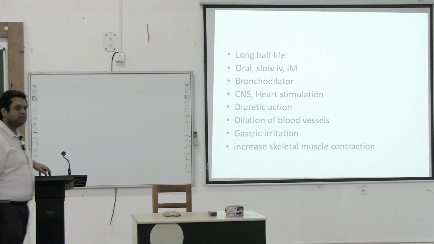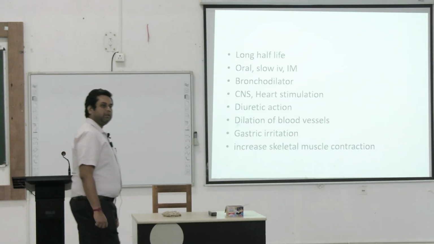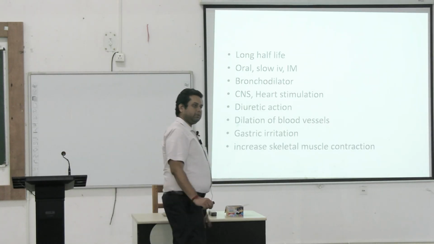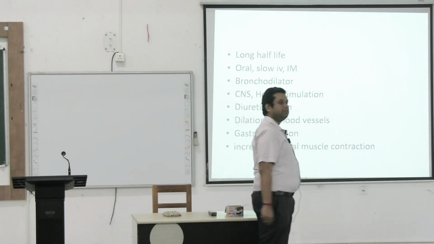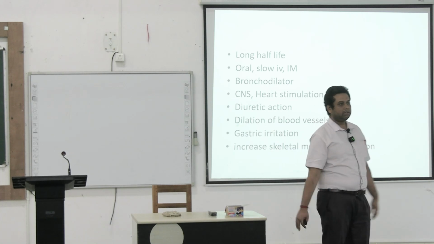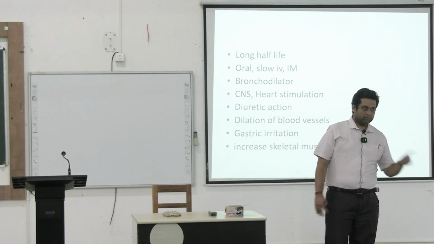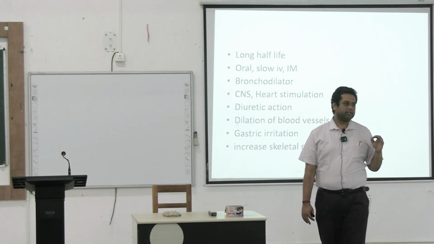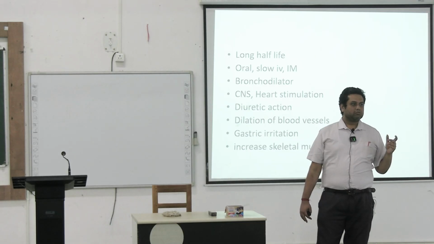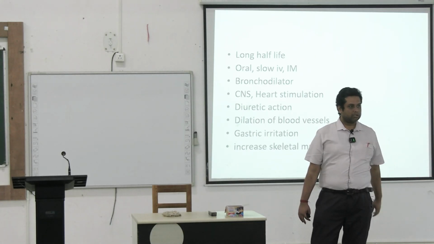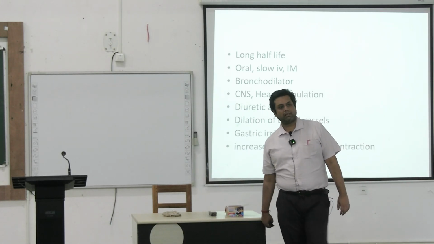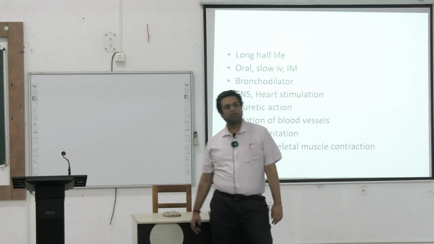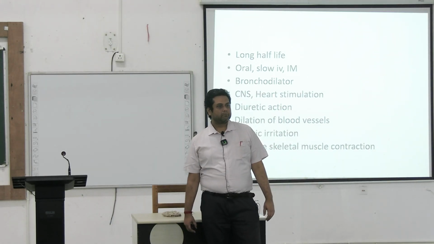They are given very slowly if given IV, either by infusion or drip, because they have an effect on cardiac muscle. They can increase the force of contraction of cardiac muscle, and at higher doses may cause arrhythmia.